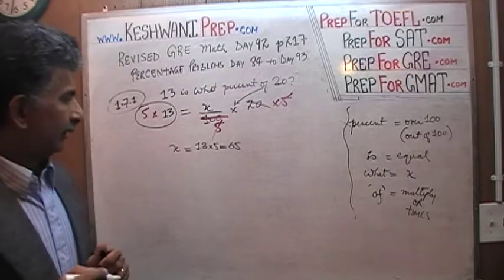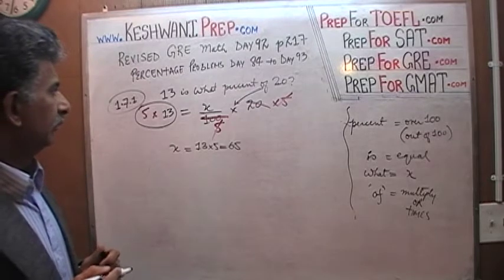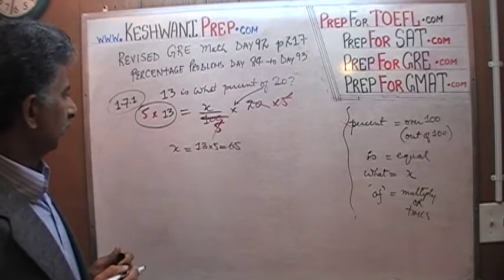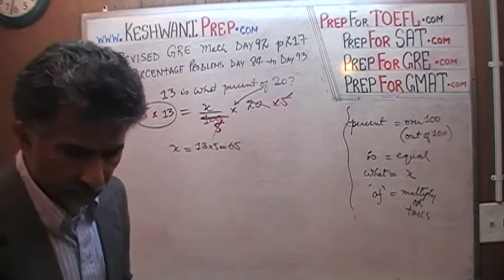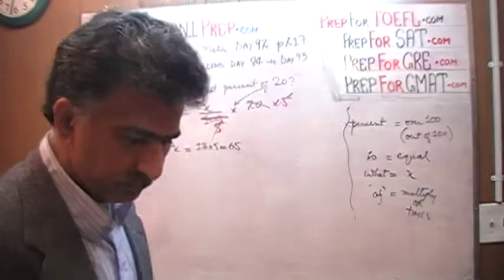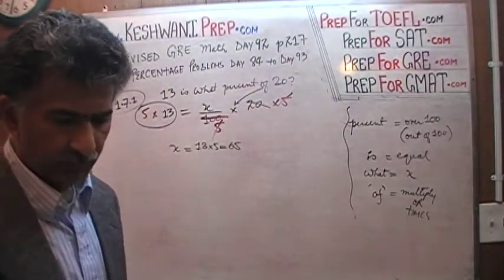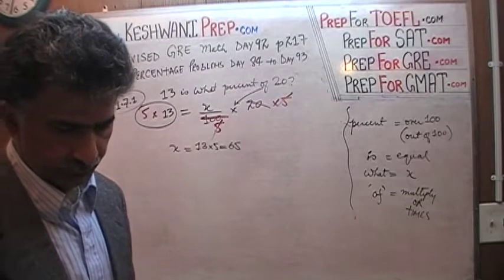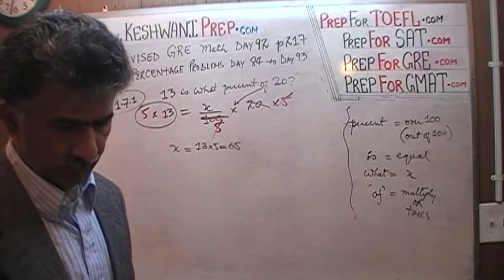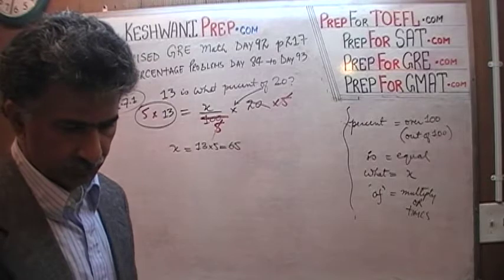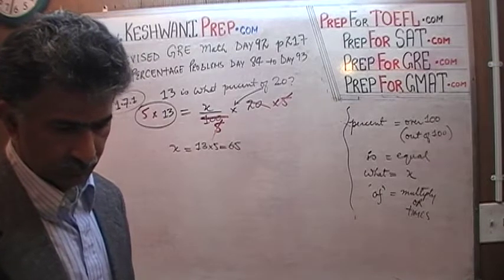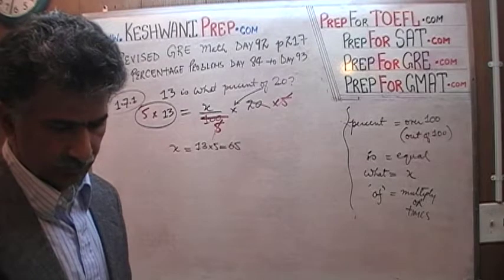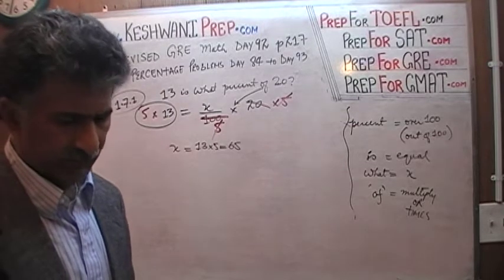The question was: 13 is what percent of 20? 12 would have been 60%.